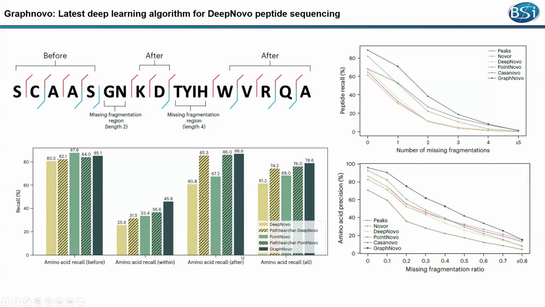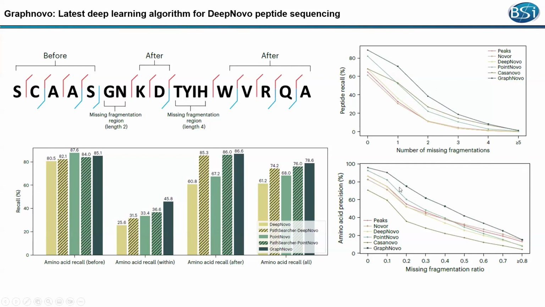So we don't have this accumulated de novo prediction error anymore. We also tested peptide recall performance of all models with different numbers of missing fragmentations, and you can see here our latest algorithm GraphNovo performs best among all of them.